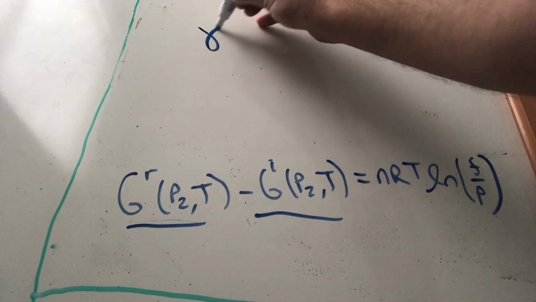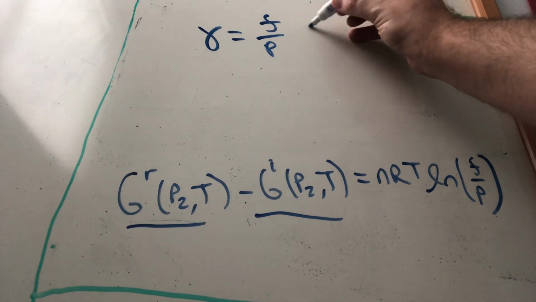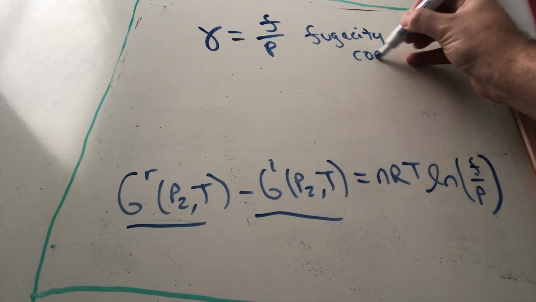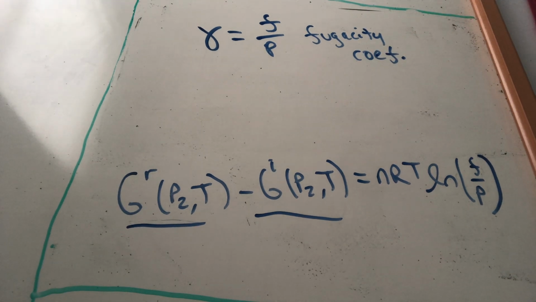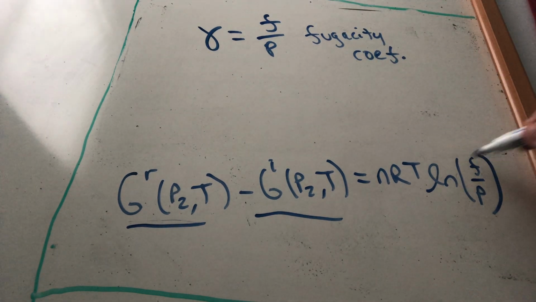So we define gamma as F over P, and we say that this is the fugacity coefficient. Now this is going to sound familiar because it's really making measurements for situations that we discussed earlier, but it's doing so in a different way, because if you look at this, how does this disappear?